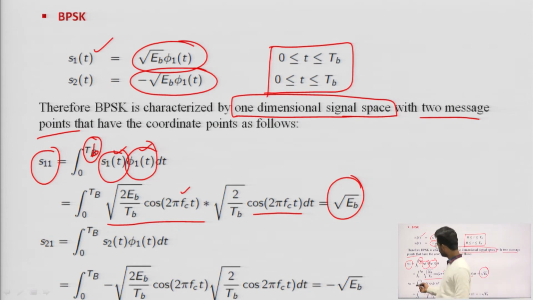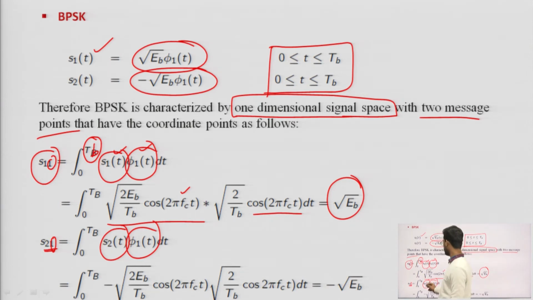Similarly S21, where the subscript 2 indicates the message point s2(t) and 1 indicates the basis function. You can observe this one is the same because we have only one basis function.